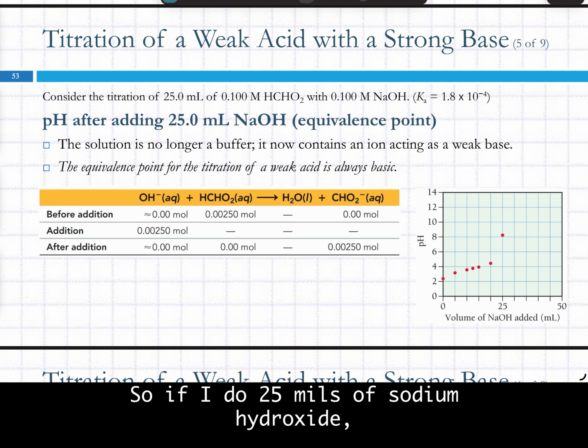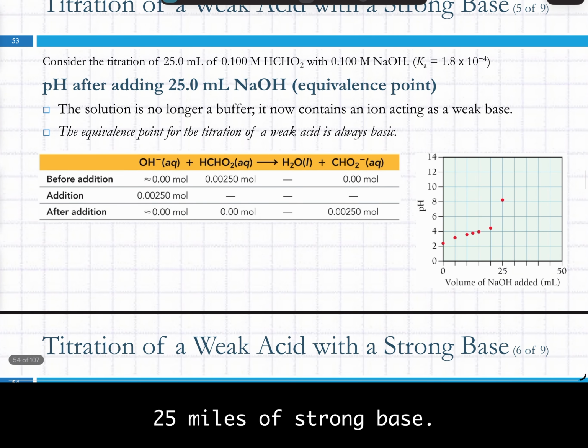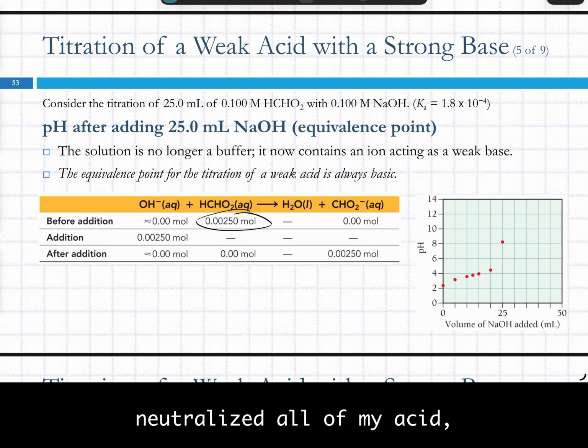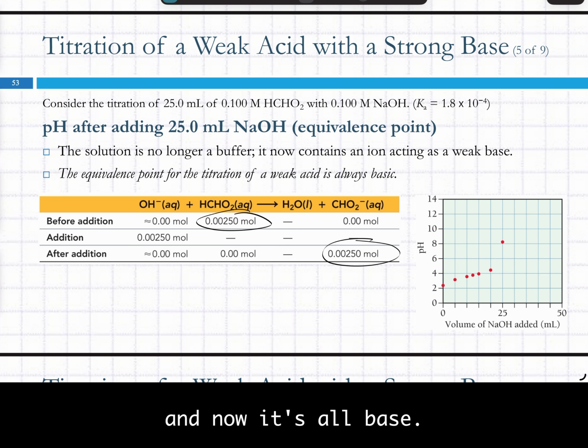So if I do 25 mils of sodium hydroxide, 25 mils of strong base, then I have neutralized all of my acid, and now it's all base.